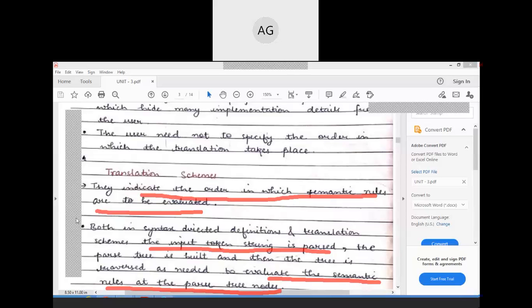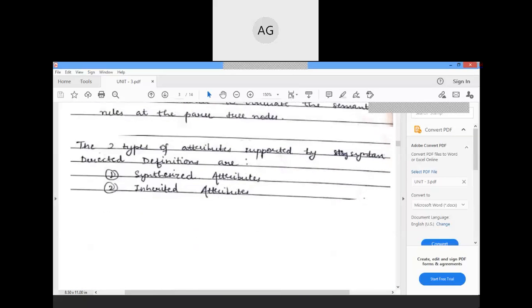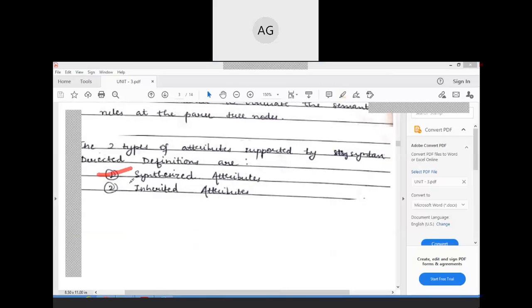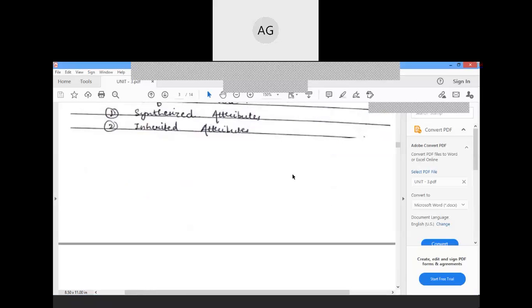So moving further, the two types of attributes supported by syntax directed definitions are the synthesized attributes and the inherited attributes. These types of attributes are very important, so let us discuss each of these attributes one by one.